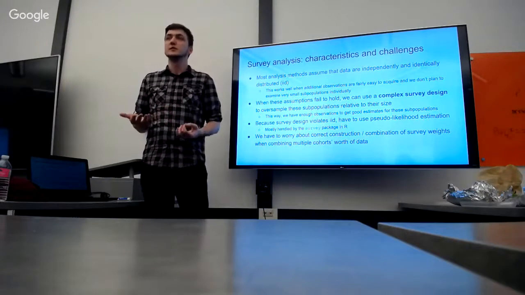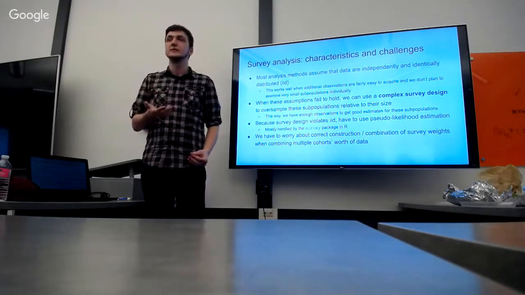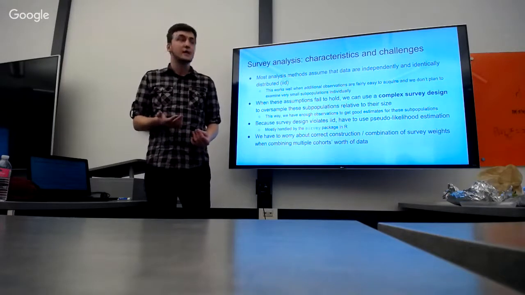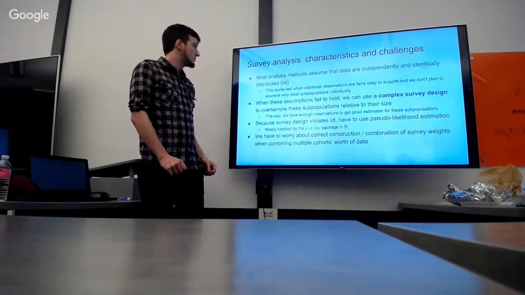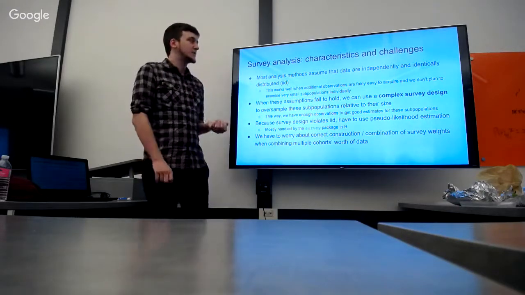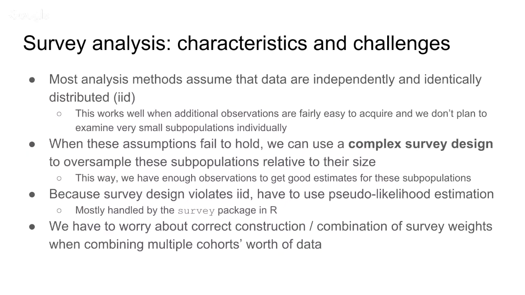But when you have a single person going around and taking measurements of people, it's more difficult and expensive to get very large data sets. So what statisticians have come up with is this complex survey design. What this lets you do is oversample certain subpopulations relative to their place in the overall data set.